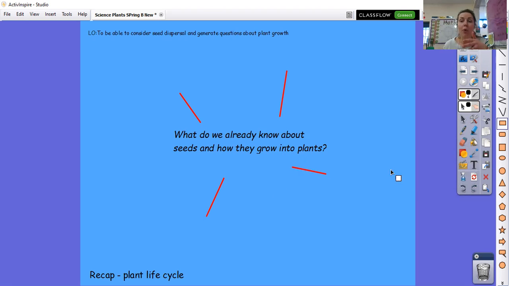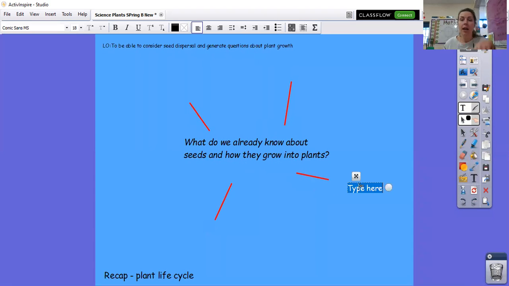So it's important to know that, I'm going to write in that seeds develop when the conditions are right. So it means that it is warm enough for them, there's the right soil, there's enough water, oxygen, and all sorts of things like that.